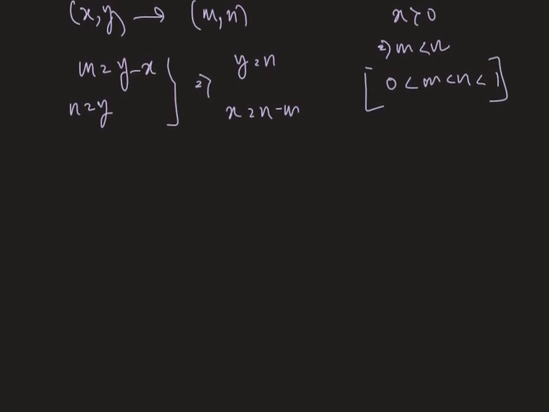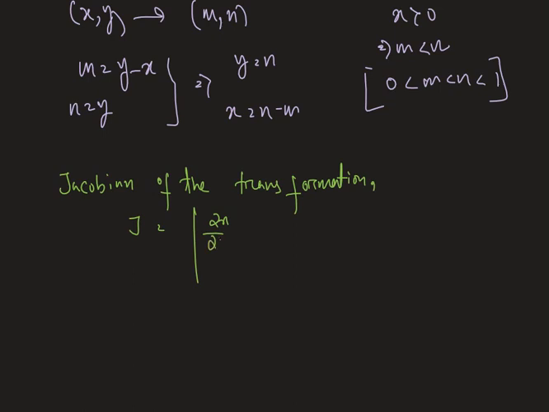Now we have to calculate the Jacobian of the transformation. Jacobian J is equal to del x del m, del x del n, del y del m and del y del n.